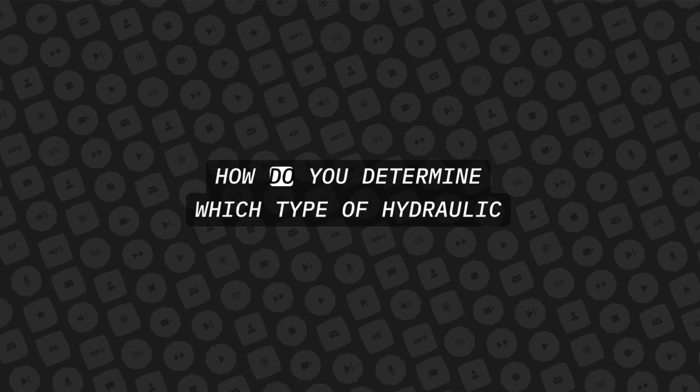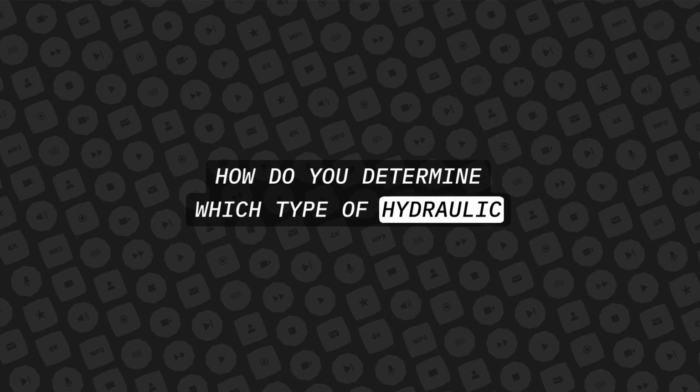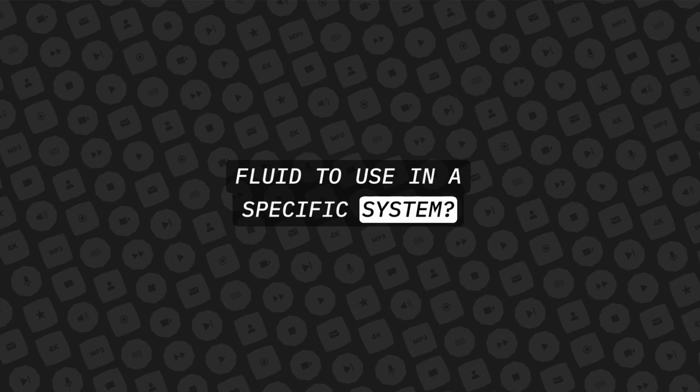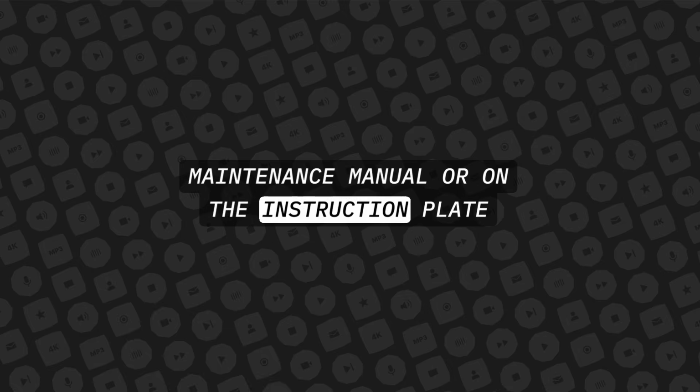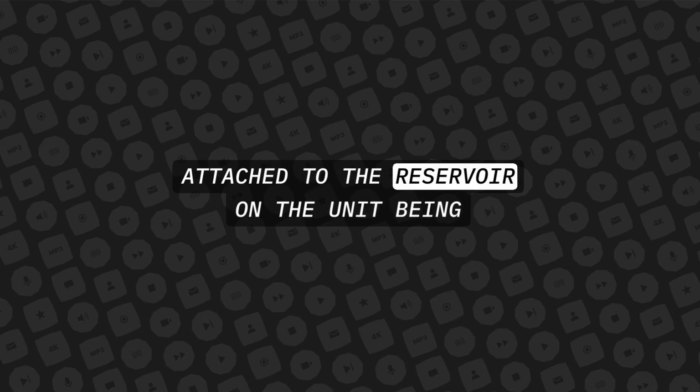Red. How do you determine which type of hydraulic fluid to use in a specific system? The type of fluid is specified in the aircraft maintenance manual or on the instruction plate attached to the reservoir on the unit being serviced.